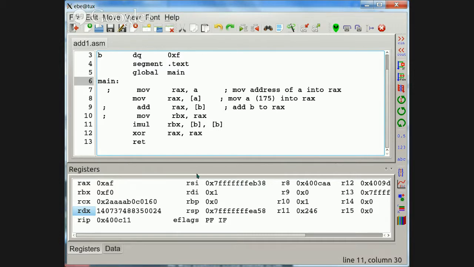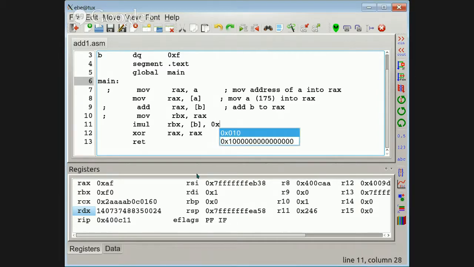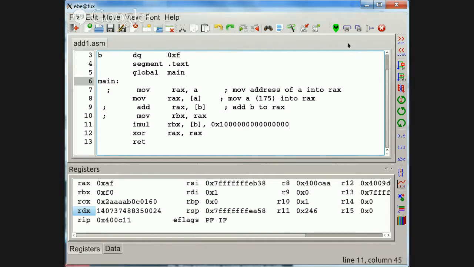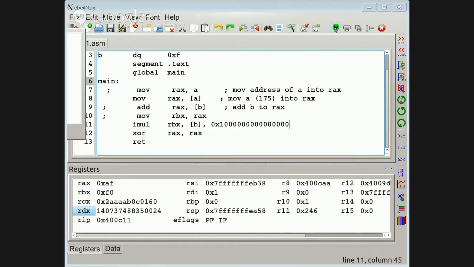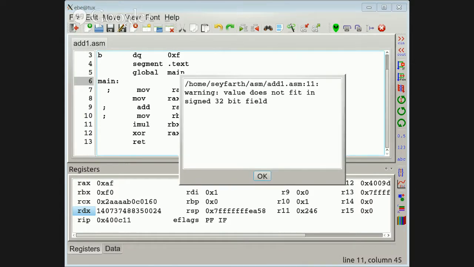How big a number can we use for the number that goes in the right side of this? Well, let's just accept the thing that's given there. Will it do that? No. It told us the truth. Value does not fit in signed 32-bit field.